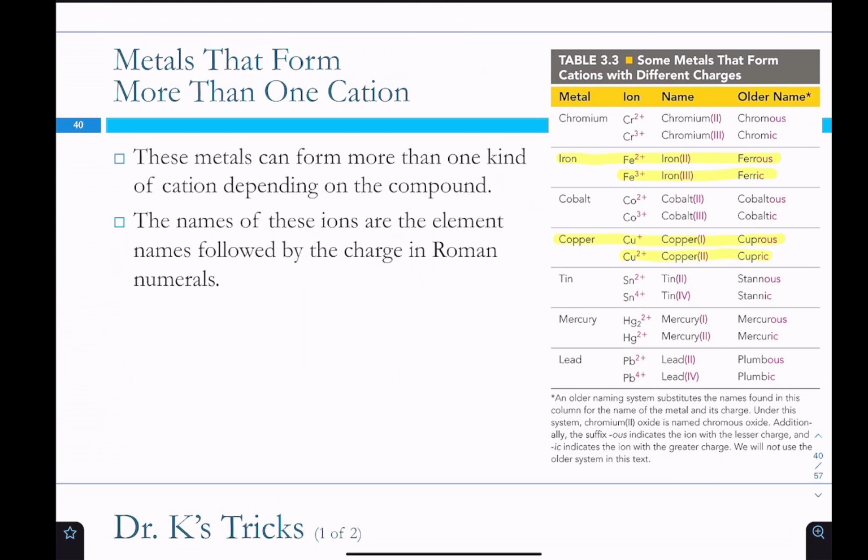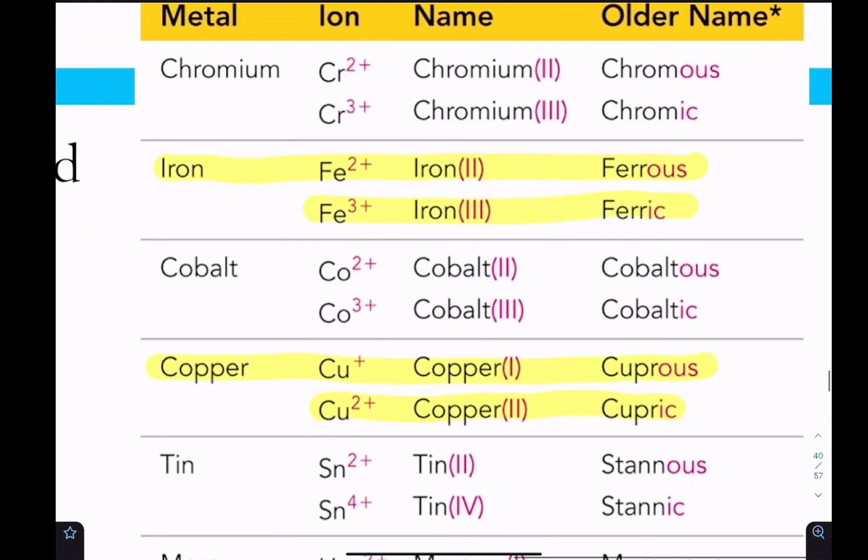For the most part, these are being phased out because they follow an older convention, because they're not as clear as, for example, if we wanted to write out a compound and it was iron with a 2+ charge, it's clearer to write iron 2 than it is to write ferrous. Because with ferrous, somebody has to know that ferrous means iron with the 2+ charge, whereas iron with a Roman numeral 2, it's just direct, it's in the name.